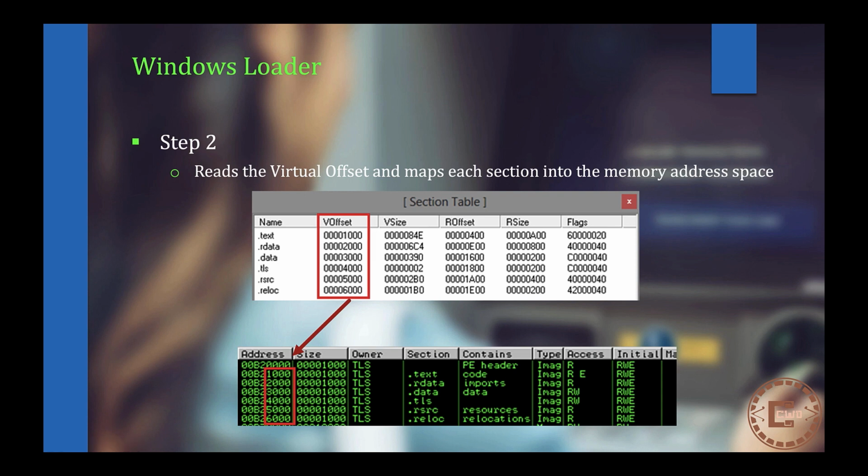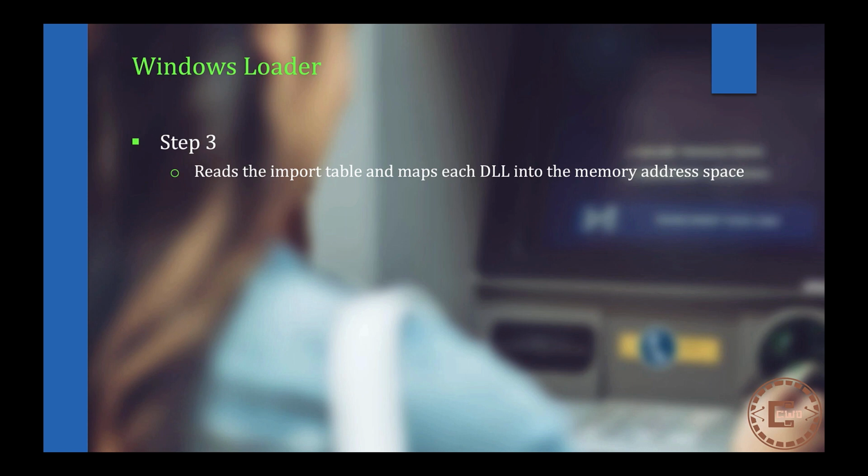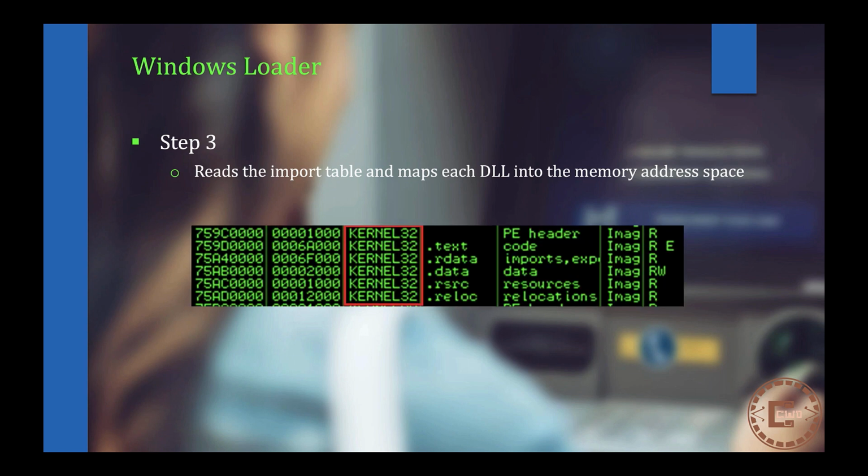Okay, step 3. What's next? Now the loader is going to read the import table and map each DLL into the memory address space. Remember that I told you that the import table is being used by executables and DLLs? Okay, so let's imagine that the import table has a kernel32 DLL. What's going to happen is that the loader is going to say, okay, I need to load kernel32 into the memory space.